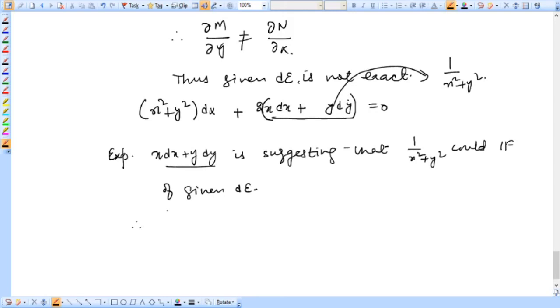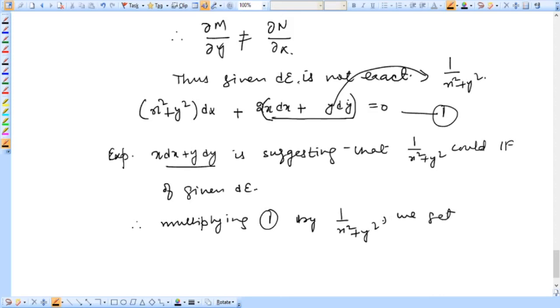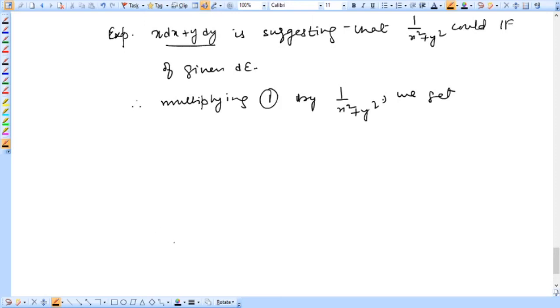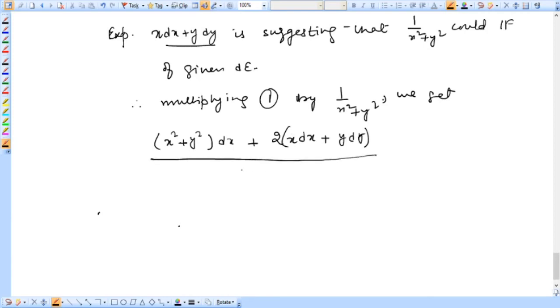Therefore, multiplying by 1 over x square plus y square, we get x square plus y square dx plus 2 x dx plus y dy upon x square plus y square equal to 0.